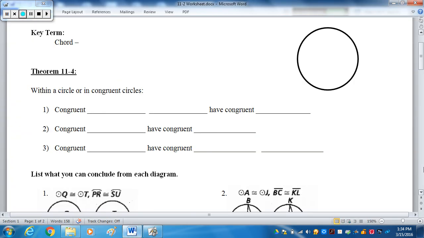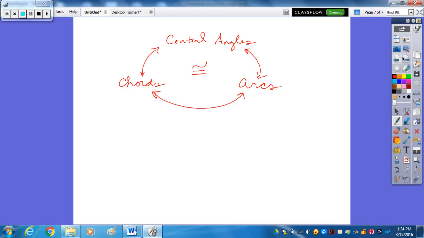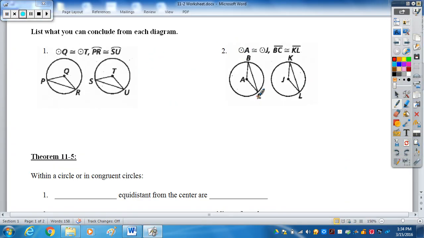Now, as we scroll down here, go ahead and do this. Okay. If we take a look at number 1, I'm going to mark everything out that's true. We know we have congruent circles, so I'm going to go ahead and mark the radii congruent. I also know that I have congruent arcs, so I'm going to mark the arcs congruent.